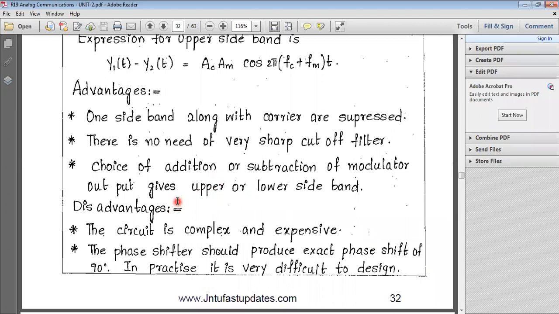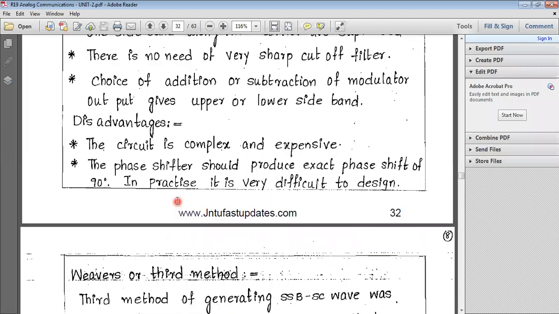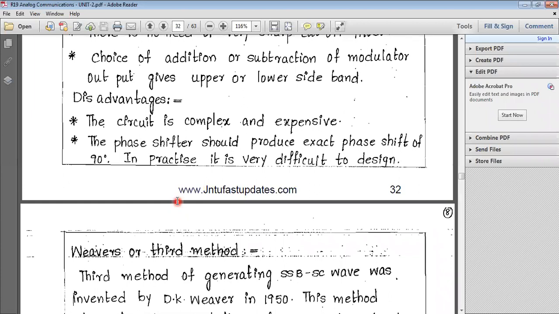Now coming to the drawbacks. The circuit is complex compared to the previous one, and it is also expensive. And the second main drawback is that the phase shifter should produce an exact phase shift of 90 degrees.